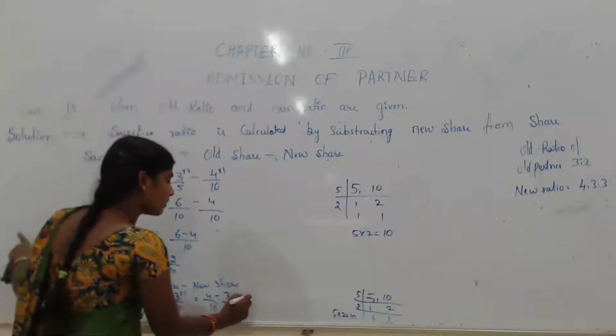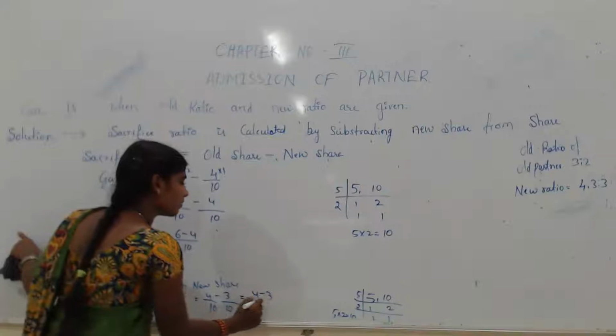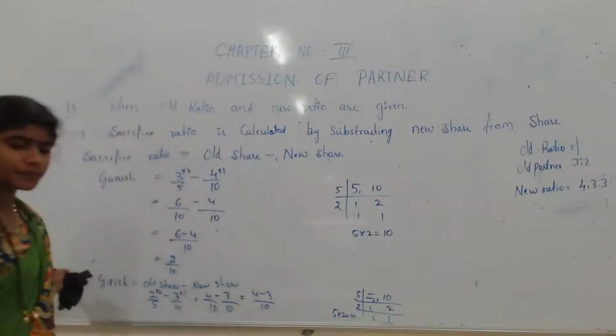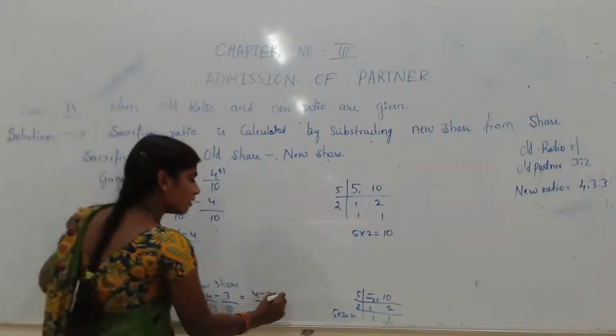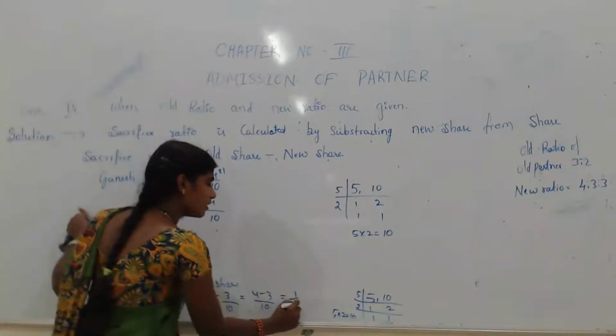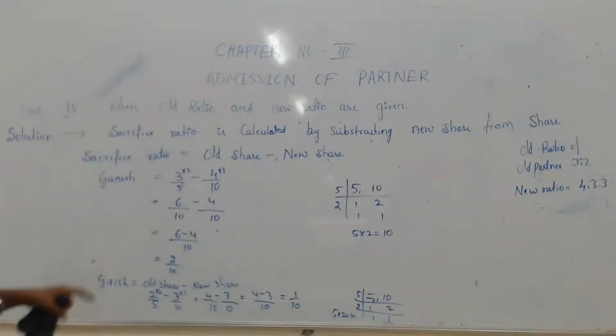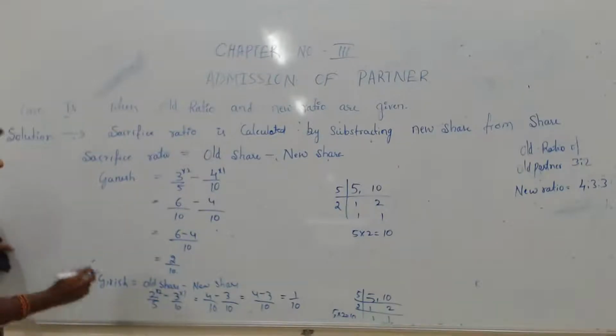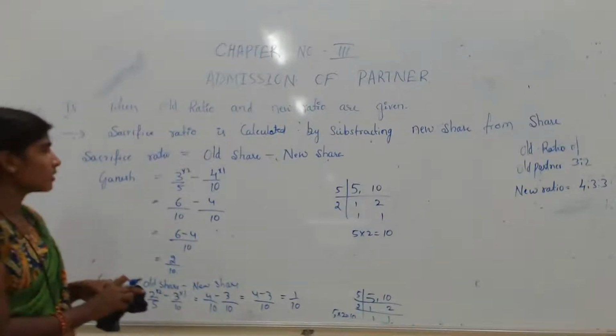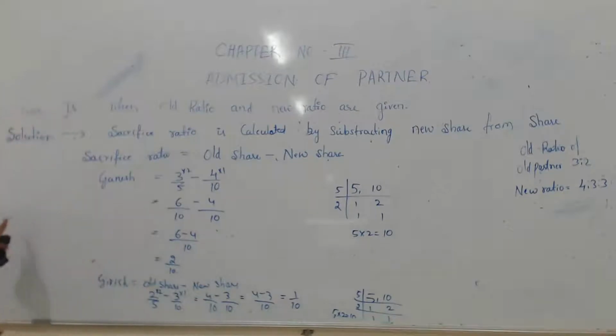Now this is common, no? So 4 minus 3 by 10. Next 1 by 10. So 1 by 10. Now sacrifice ratios. You see.